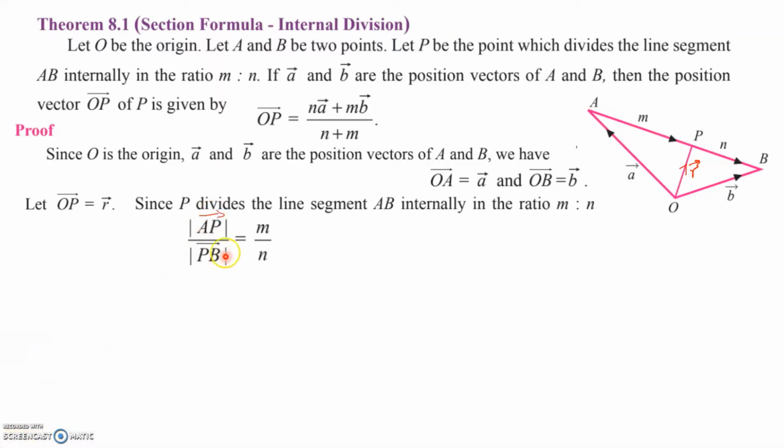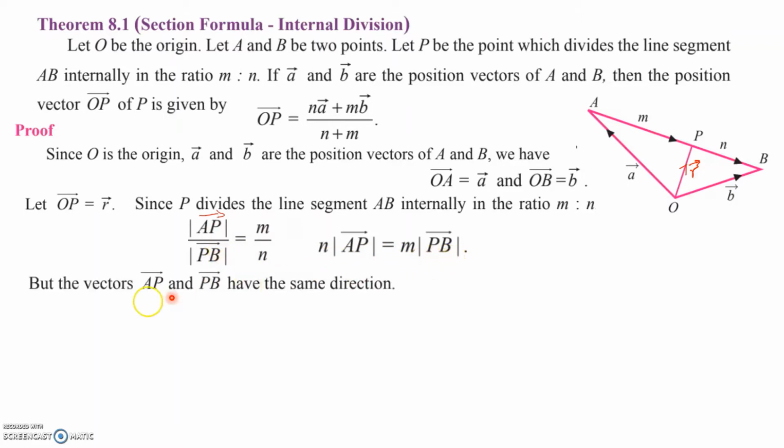That's very simple. Cross multiplying, n times the magnitude of AP is equal to m times the magnitude of PB.